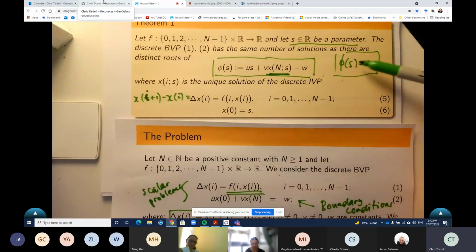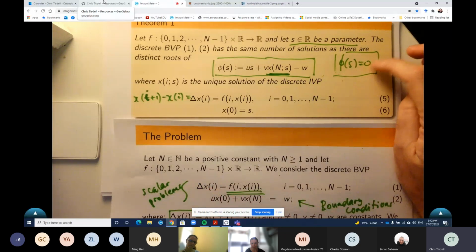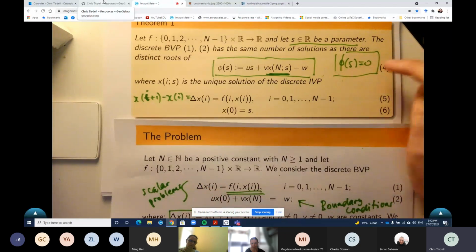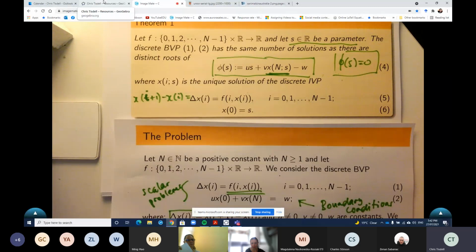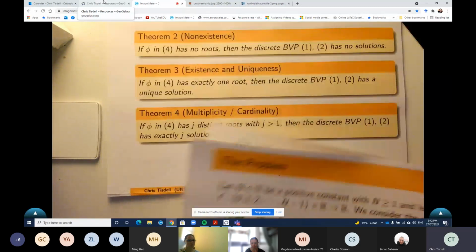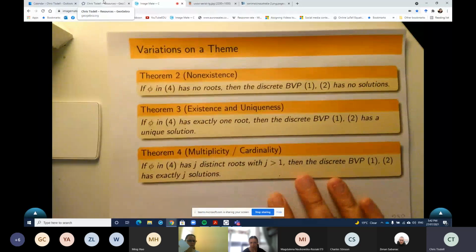If this has no solutions, this has no solutions. So what we're doing is we're reducing the study of the boundary value problem to basically a simple, maybe transcendental equation. All right. So I'll show you some variations on a theme first.